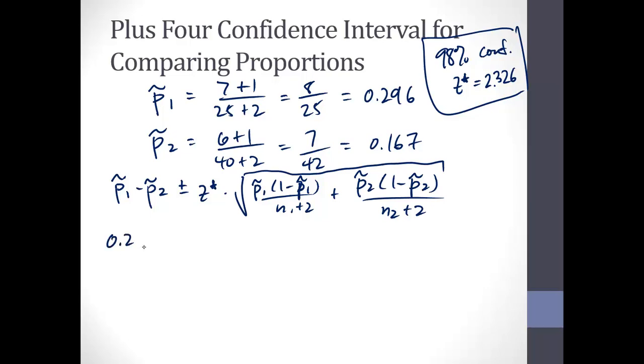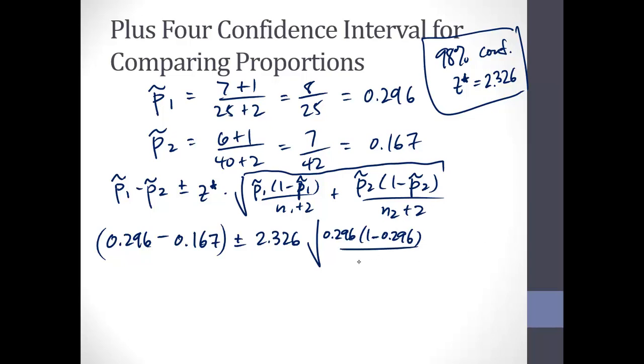Let's quickly plug this in. We have 0.296 minus 0.167 plus or minus 2.326 times the square root of 0.296 times 1 minus 0.296 over 25 plus 2, plus 0.167 times 1 minus 0.167 over 40 plus 2.